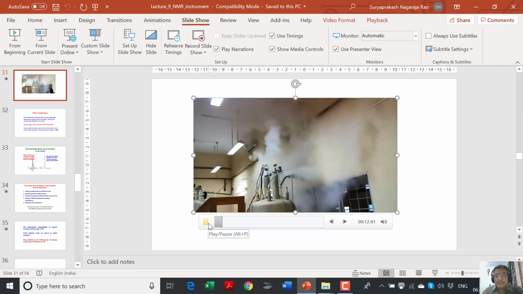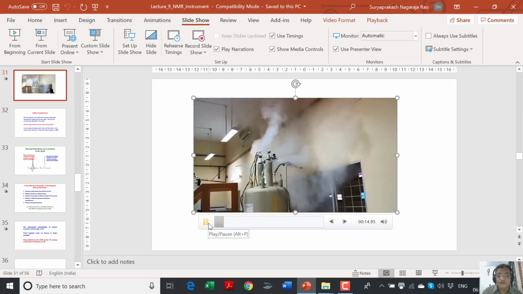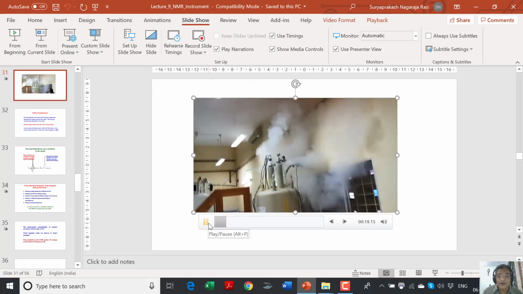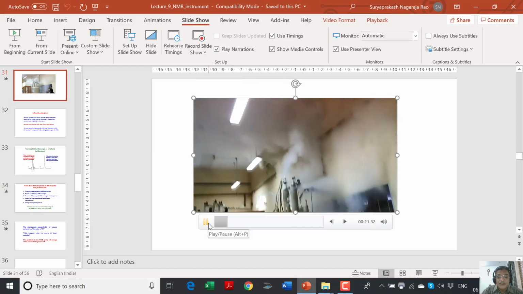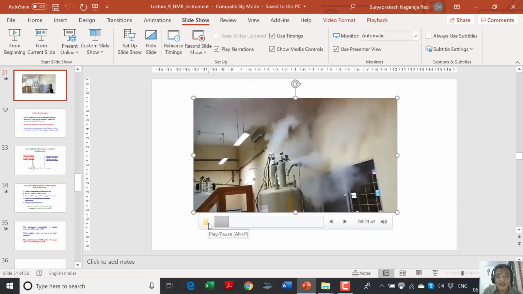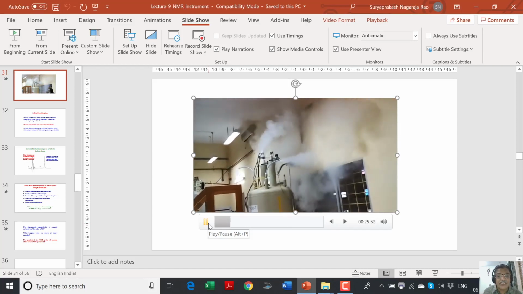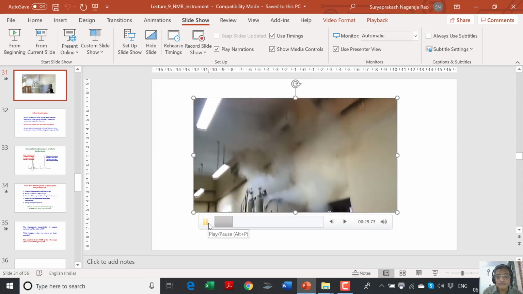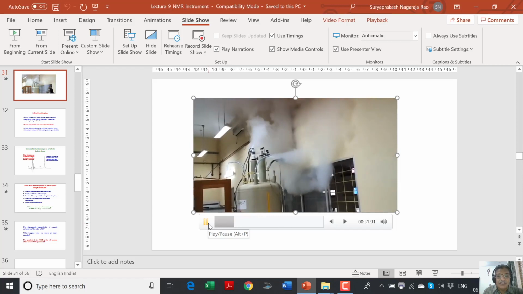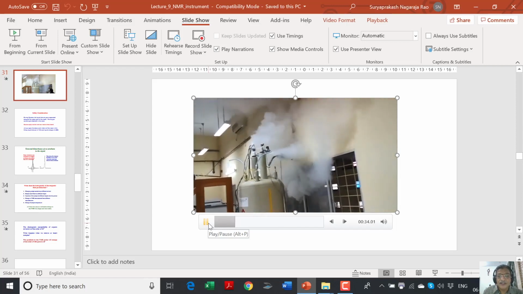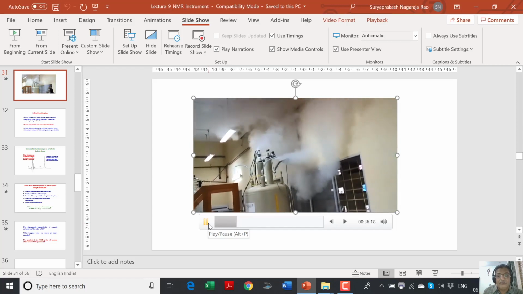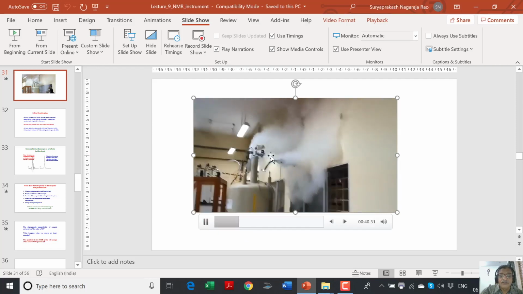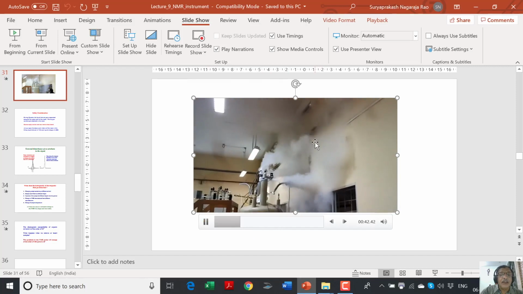You see, the entire helium is boiling off, and it is very dangerous. Remember, when 1 liter of helium evaporates, it will evaporate into 27 liters of helium gas. It occupies the entire space. It can deplete oxygen. You see the point? The entire helium is getting evaporated now. It is coming out of the nozzle like this. We have to be extremely careful. This is called a quench.